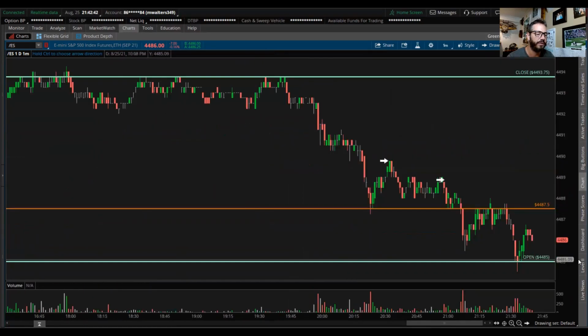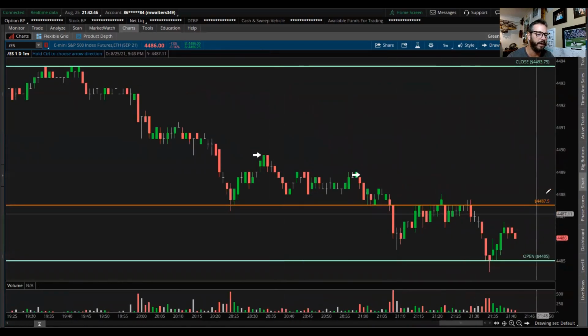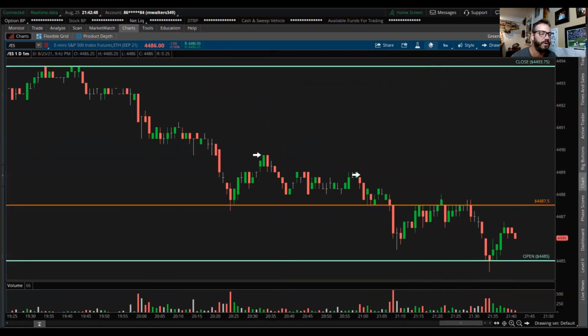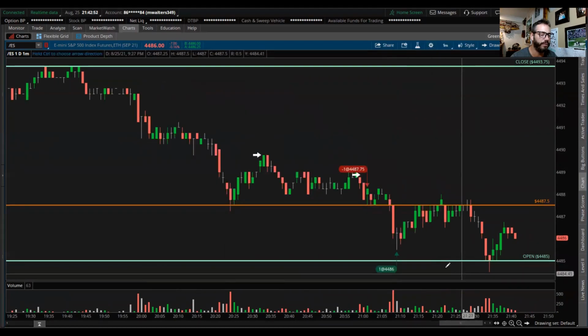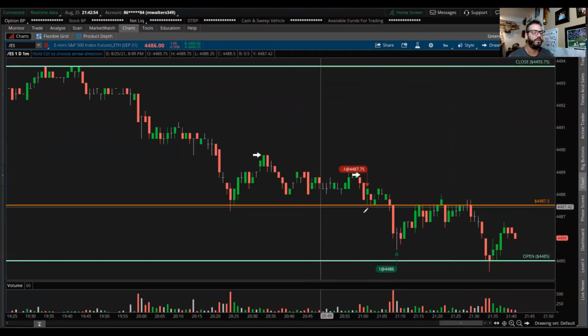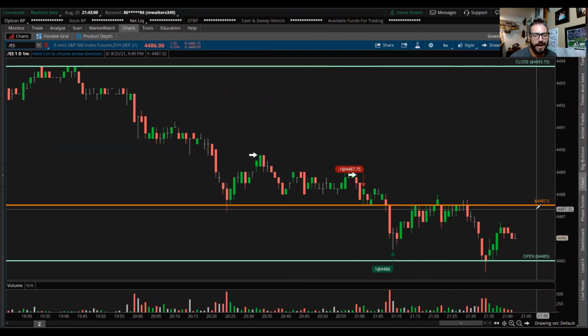So if we zoom in here a little bit, I can break down this trade with you guys. Here we are. So this trade was almost 8 ticks. Now I shoot for a 2-to-1.